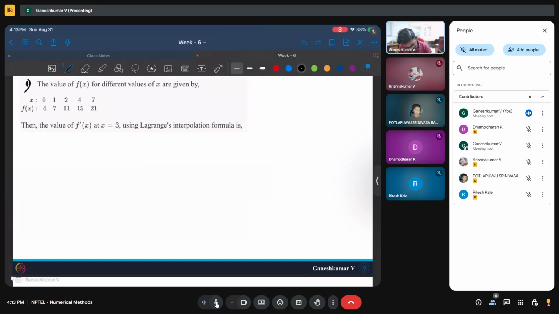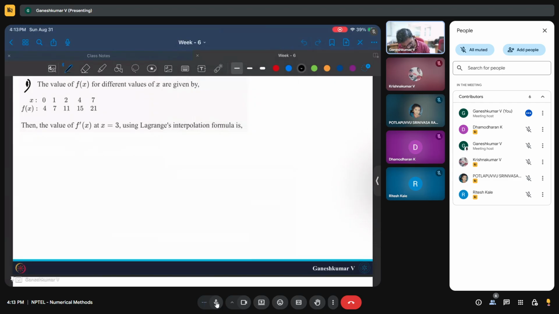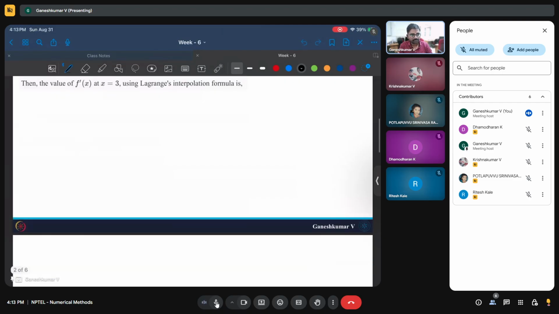Let's first write down the formula. It's a Lagrange polynomial, right?